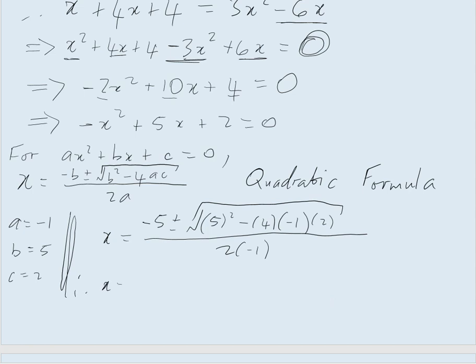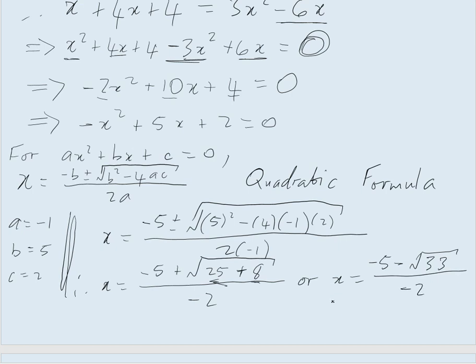So we have x is equal to -5 plus the square root of 25 plus 8, because remember it's a negative times a negative, all over -2, or x is equal to -5 minus the square root of 25 plus 8, which is 33, over -2.